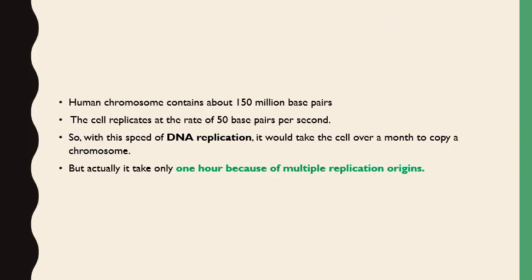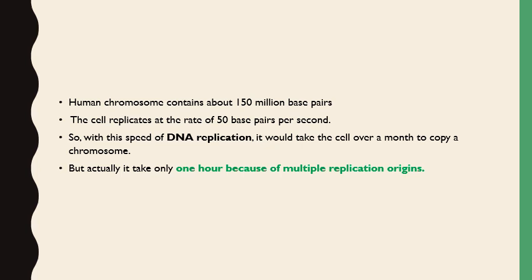So how much time is required for the complete replication of DNA? It is found that human chromosomes contain about 150 million base pairs, so it is a very huge amount.